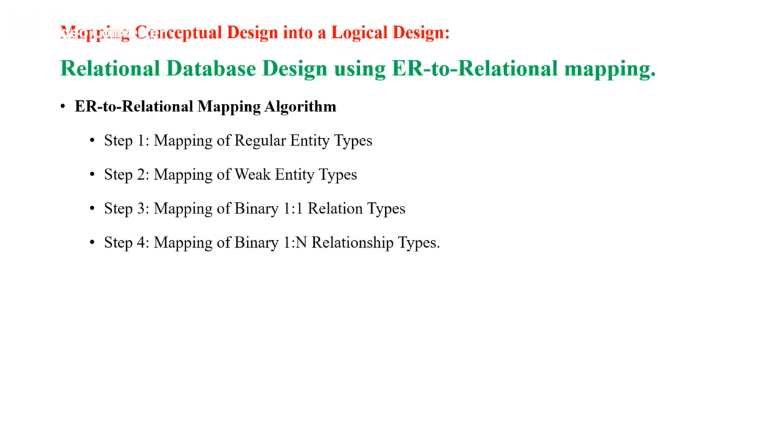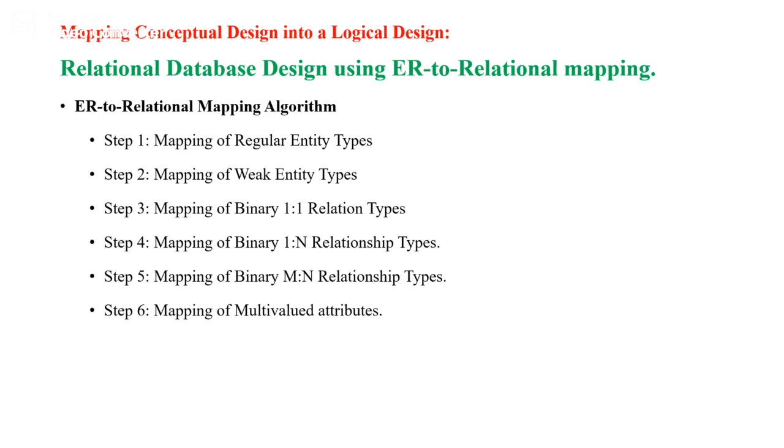In the next step, we map binary 1:N relationship types. In the fifth step, we map binary M:N relationship types. In the sixth step, we map a multivalued attribute. And in the last step, we map an N-ary relationship type. So these are the steps to convert our given entity relationship diagram into a relational mapping.